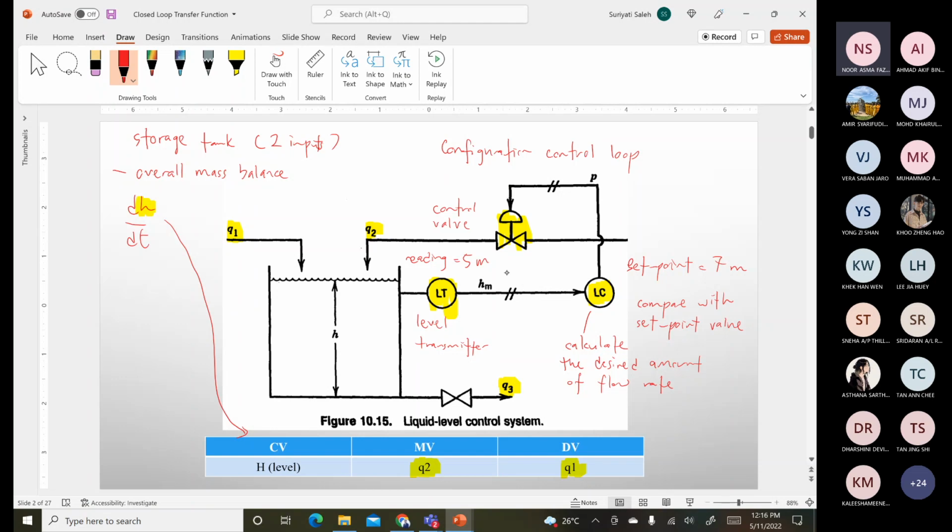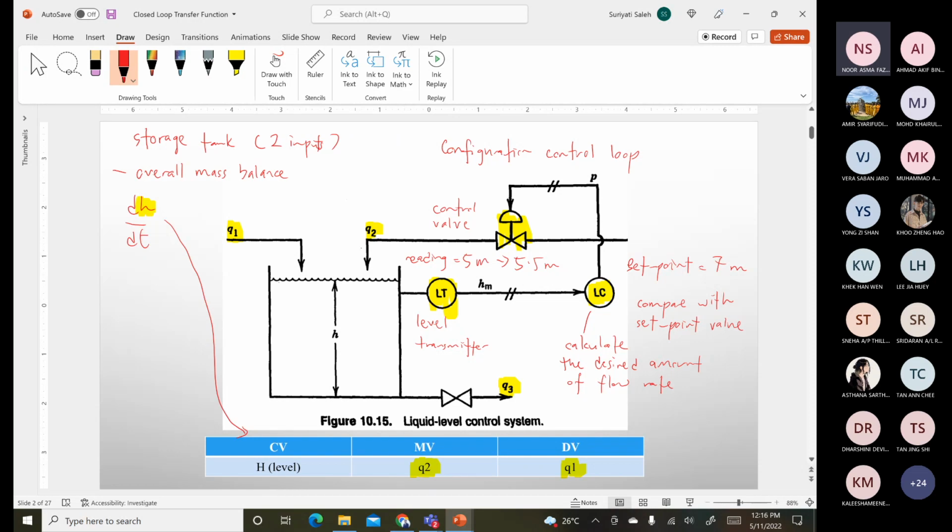Let's say based on the addition of flow rate from Q2, the reading now reads 5.5 meters. So it will send again to the controller. The controller will calculate again, and then you go to the control valve, and this process is repeated until the reading reaches 7 meters. Once it has reached 7 meters, the loop is stopped.